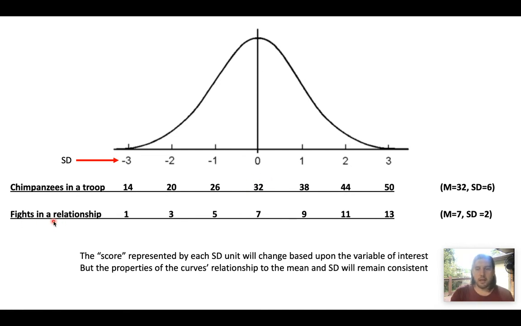So the same nature of this relationship applies even if I have a different variable. Let's say that I'm a social psychologist studying relationships, and I measure the number of fights that couples have in some given time frame. Let's say 6 months. How many fights do you have in 6 months? I collect a bunch of data on couples, and I find that the average couple fights 7 times over that time frame with a standard deviation of 2 fights.